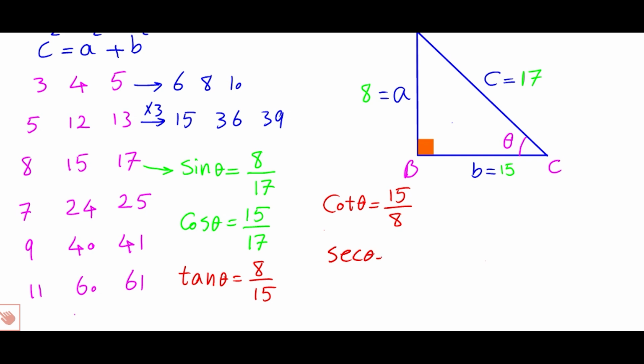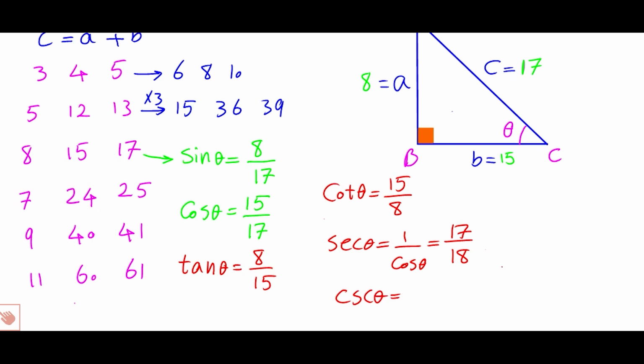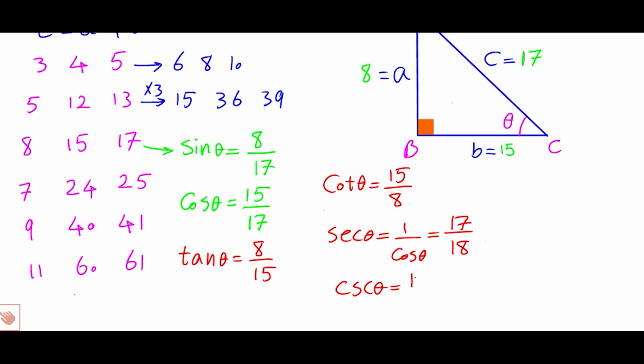Secant theta is the reciprocal of cosine. 1 over cosine theta is equal to 17 over 15. And cosecant theta is the reciprocal of sine, which is 17 over 8.